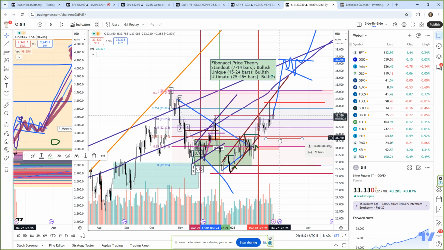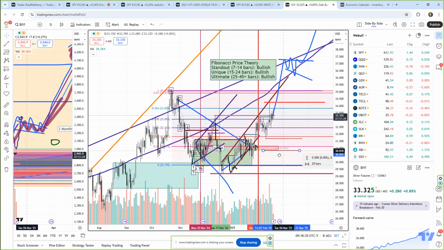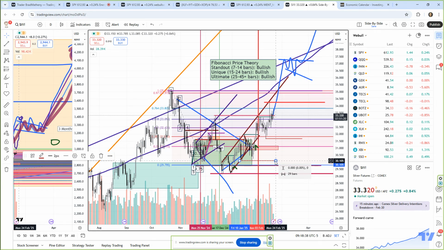This is our standout low. We have a decent standout low down here, so I can draw this. Decent standout low here, another little standout low right there. And we would be watching for breakdowns. We also have a little standout low right here.